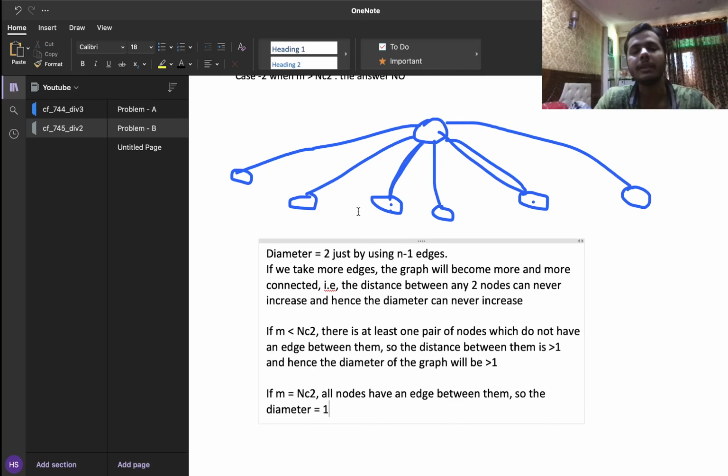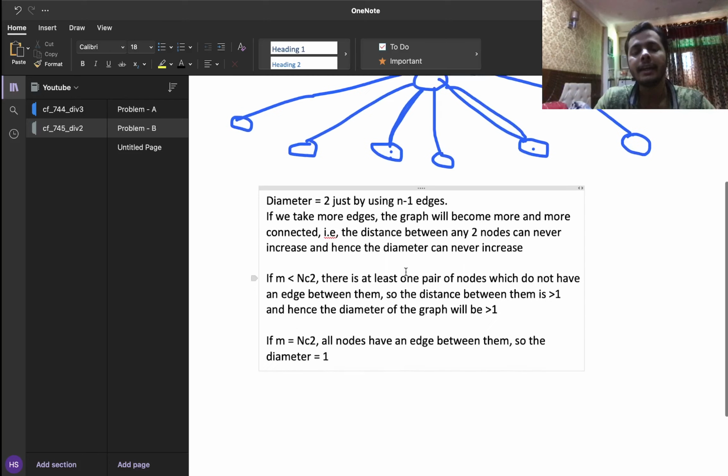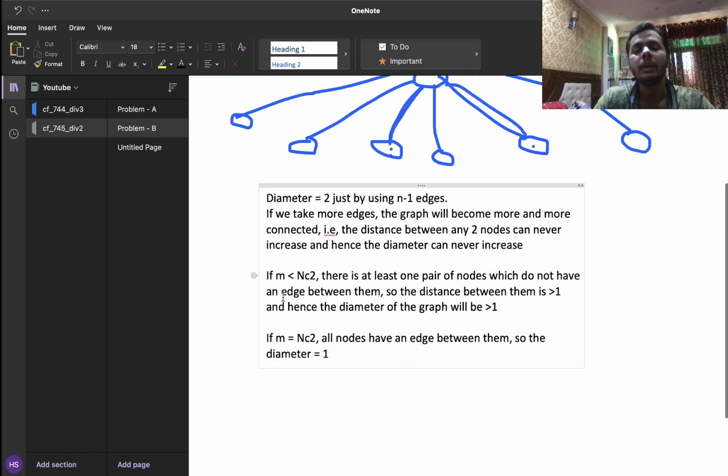Because using at least n minus 1 edges, we are getting a graph having a diameter 2, and adding more edges will only decrease the diameter. So I claim that the diameter will remain 2 until m becomes nC2, and when m becomes nC2, the minimum diameter will become 1, and this solves our problem. Finally, we can check if the minimum diameter is strictly less than k minus 1 or not, right? Yeah, so that's the solution to this problem.